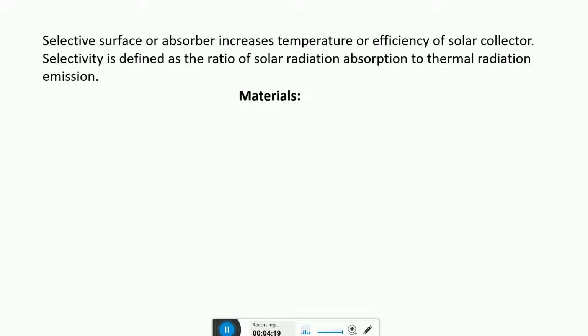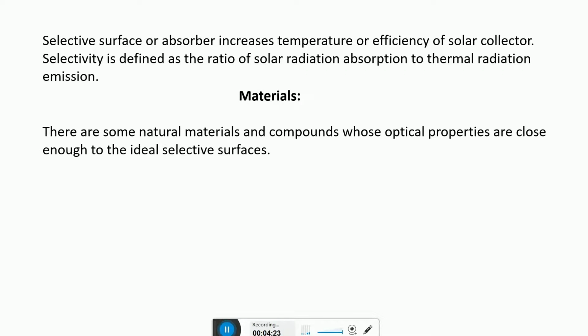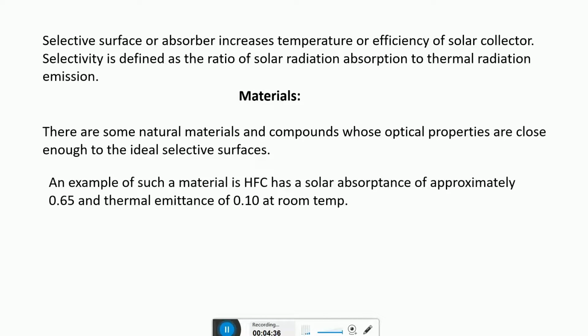Then, materials which are to be used for coating. There are some natural materials and compounds whose optical properties are close enough to the ideal selective surfaces. An example of such material is HfC, that is hafnium carbide.